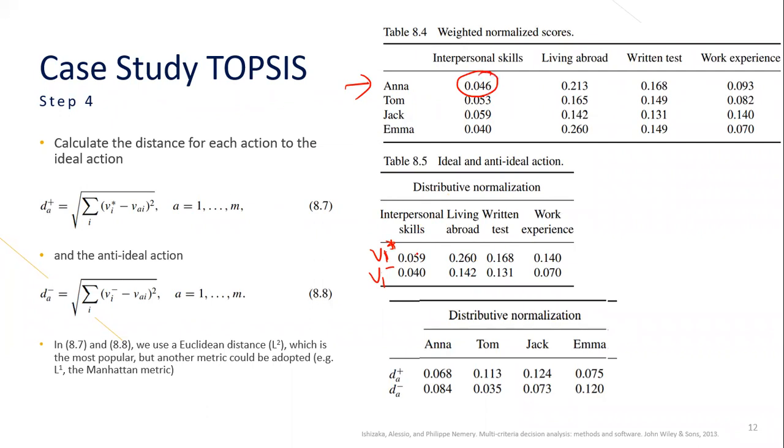You have the value in terms of interpersonal skill here, in terms of living abroad this one, in terms of written test this one, in terms of work experience this one.